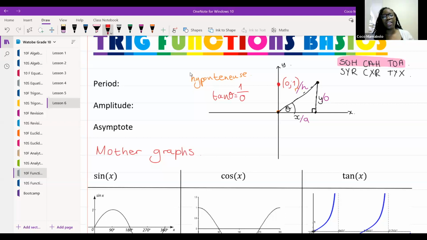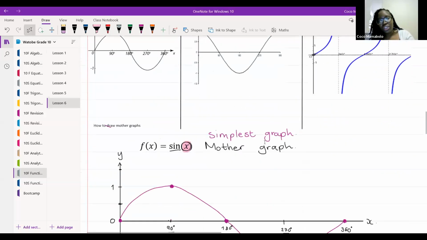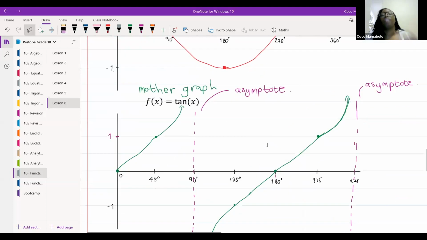Am I going to get an answer for 1/0? No, it's going to be undefined. And that's why at tan of 90, you're getting undefined, because it's an asymptote. That is why the mother graph of a tan graph has an asymptote.